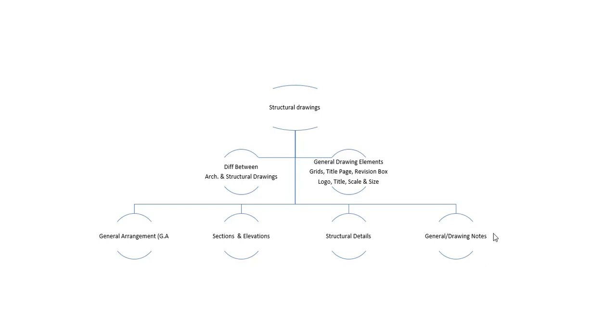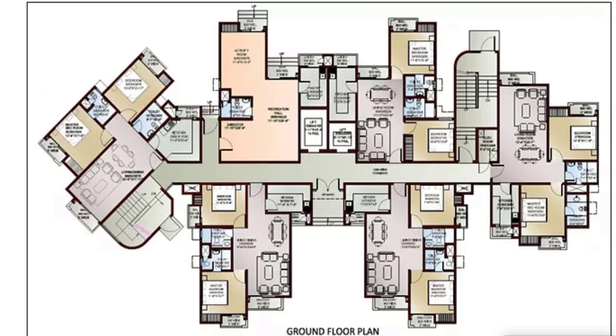The general arrangement drawing can be equated to the architectural plans, but in structural drawings, they hold the information on the size and position of the structural elements in the respective plans. So the GA is key to where sections through the structure are taken and presented.